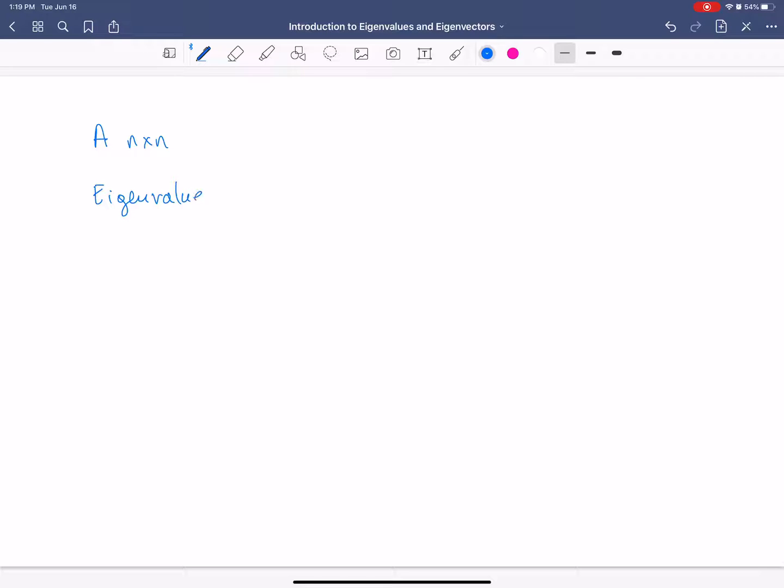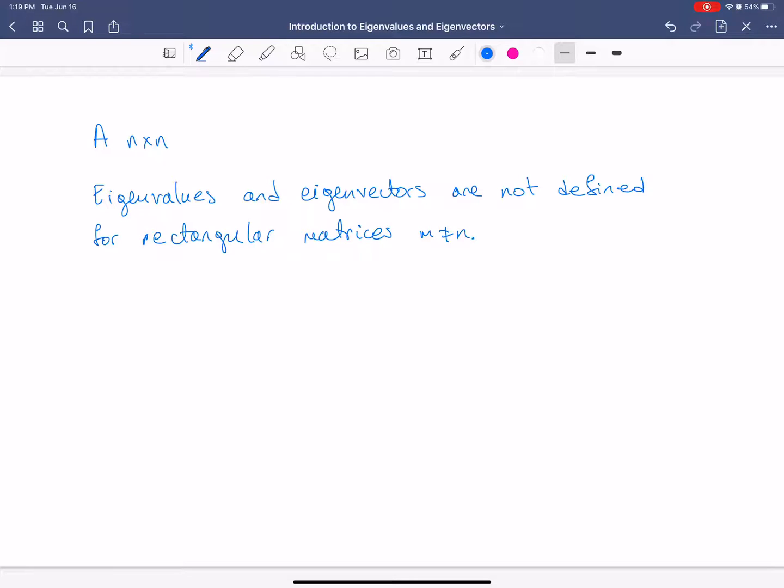Eigenvalues and eigenvectors are not defined for rectangular matrices where m is not n. Of course, a square is also a rectangle, one could say. So our setup is such that the matrices in our consideration will be square matrices, n by n.